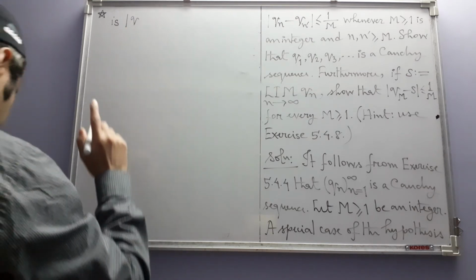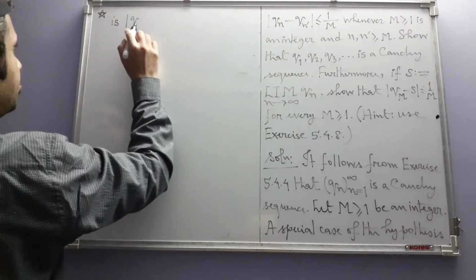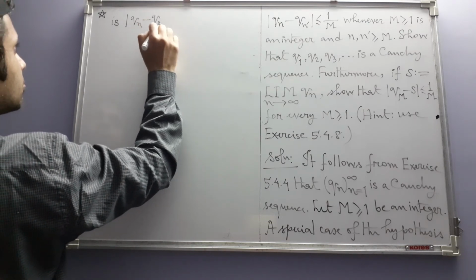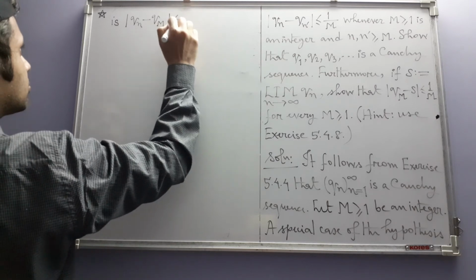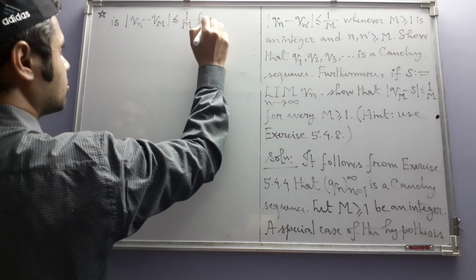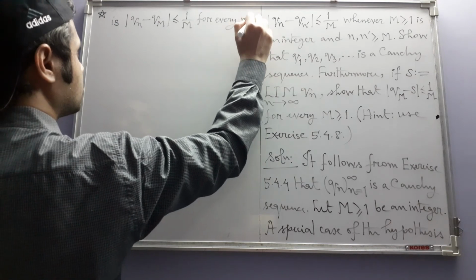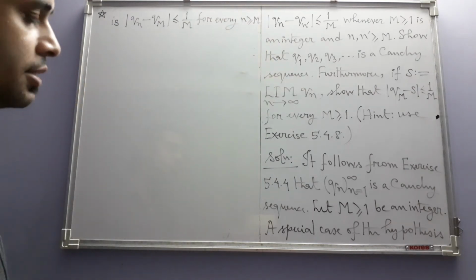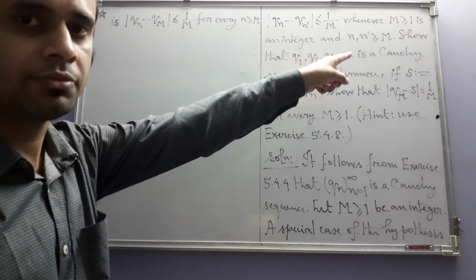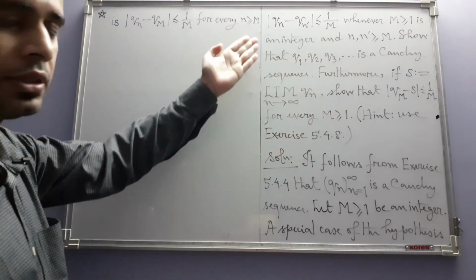Which one should we choose, small m, and which one should we choose, capital M. It's a special case of this hypothesis because in place of this n prime we have chosen capital M itself. Okay, and small n is varying.